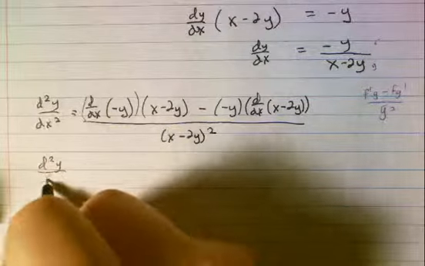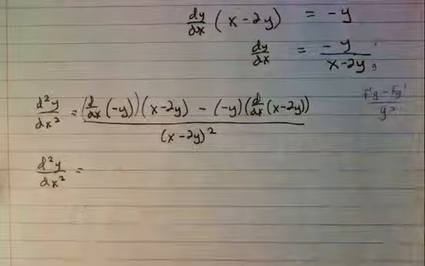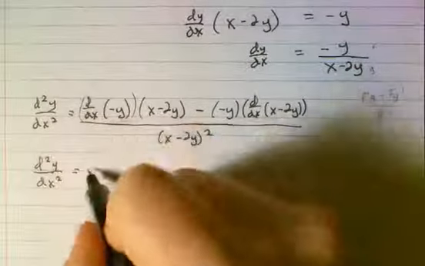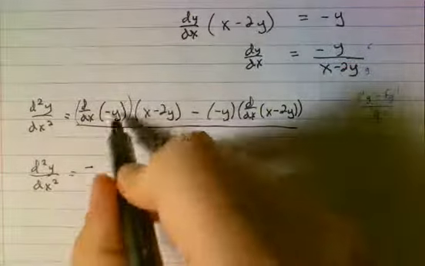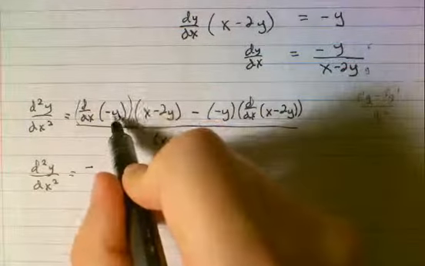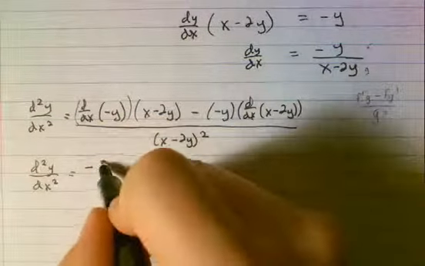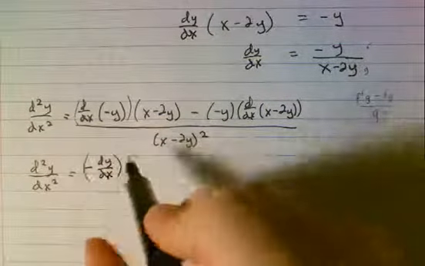So second derivative of y with respect to x. This would be negative 1. Bring down the exponents, subtract 1 from the exponent. This is y to the 0, but because this is a y and it doesn't match, we have to do the chain rule. So there's a dy/dx multiplied by that negative 1.